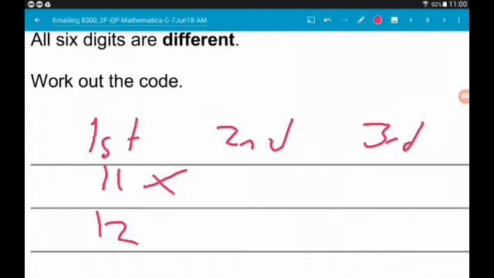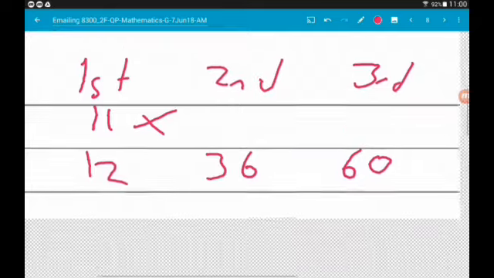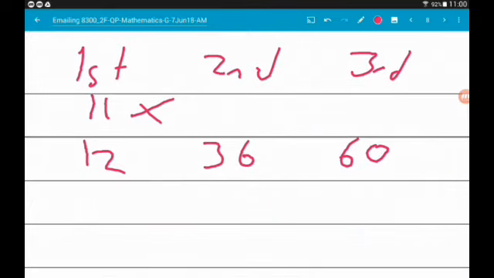So the second number is 3 times the first, which is 36. And then the third number is 5 times the first number. And that's going to give us 60. So that's not it, because 6 has repeated. So, nope.